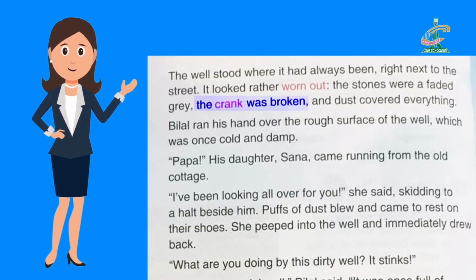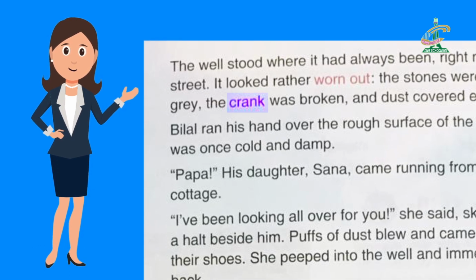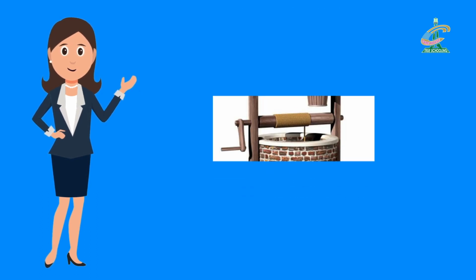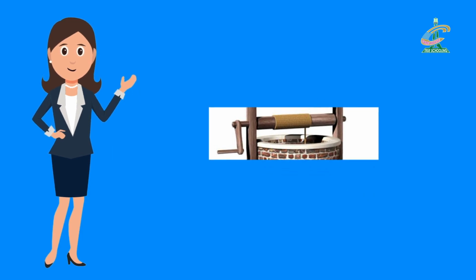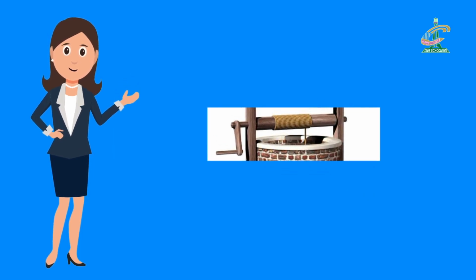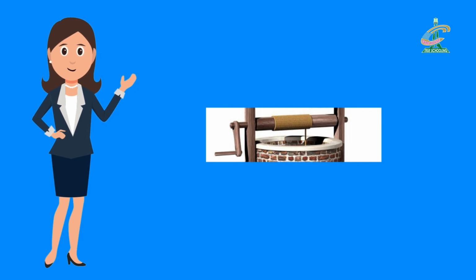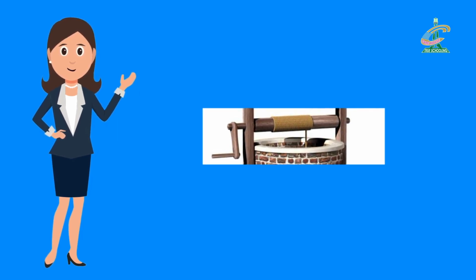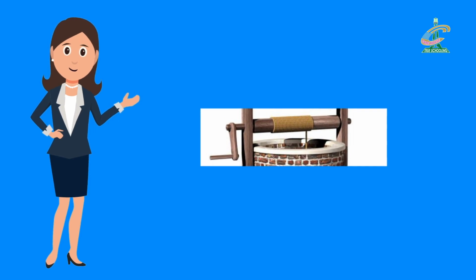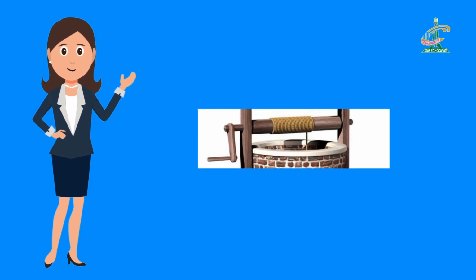Now a very interesting word here is crank. What is the meaning of crank? Dear students, a crank is a part with a handle that can be turned in a circular motion. It is not exactly a part of the well, but it is something which is used in a well to pull out water, to draw out water from the well.